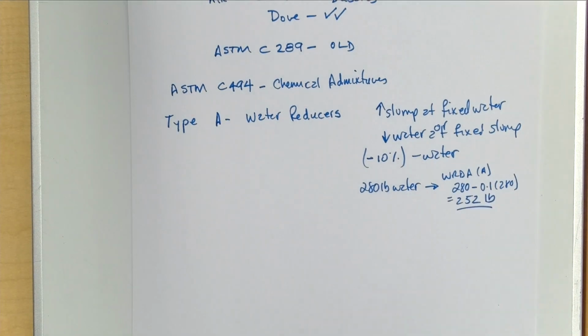So we reduce the water. But what we really do is we increase the strength. At a fixed water to cement ratio, the strength will go up because we have water reduction. If they had called it a cement reducer, they never would have seen the light of day. The Portland Cement Association would have killed them.